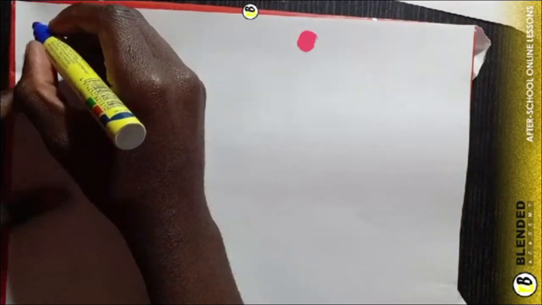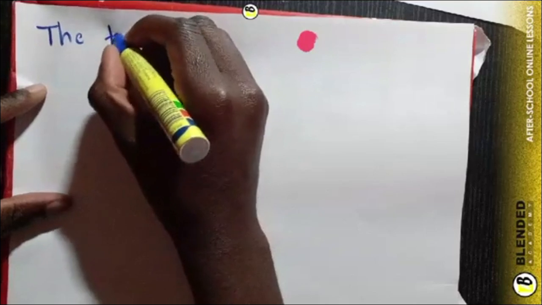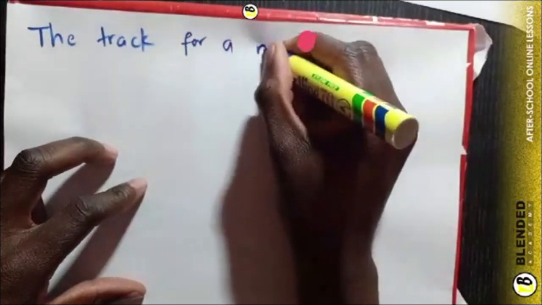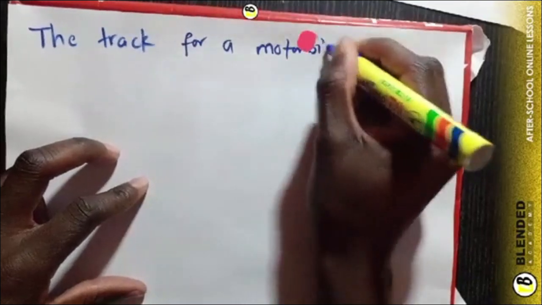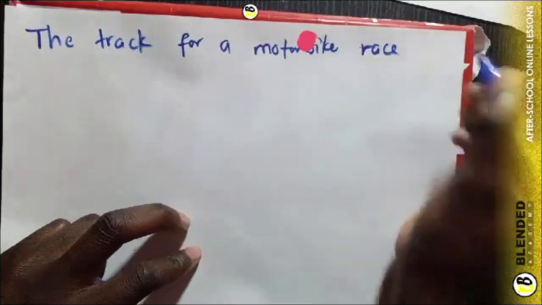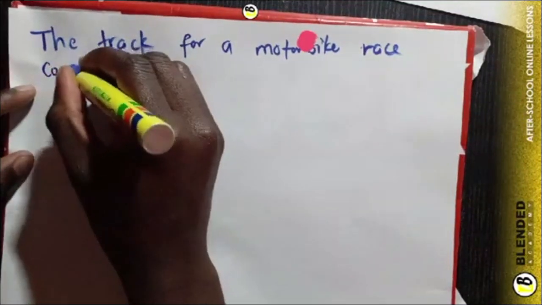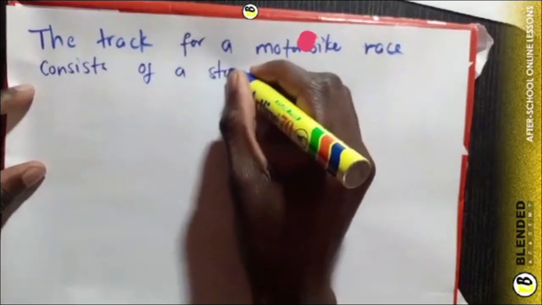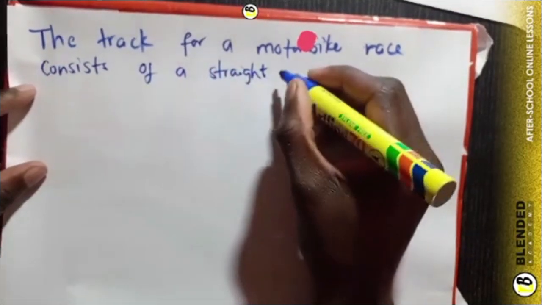All right. Okay, we're given the track for a motorbike. A motorbike race track consists of a straight horizontal section.